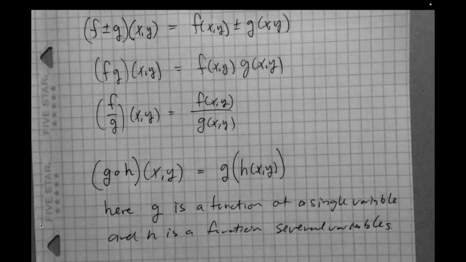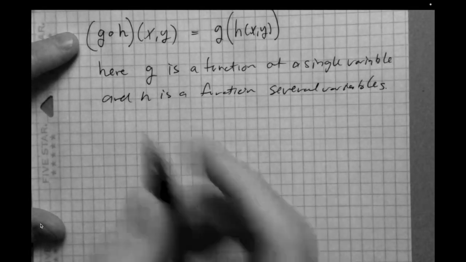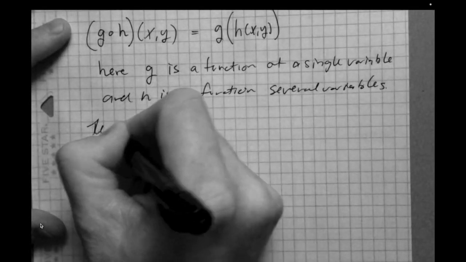Okay, now what about the domain in the case of composition? Well, in the case of composition, we would say the domain is going to be the subset of the domain of h such that h of x, y is in the domain of g. So let's write that down.